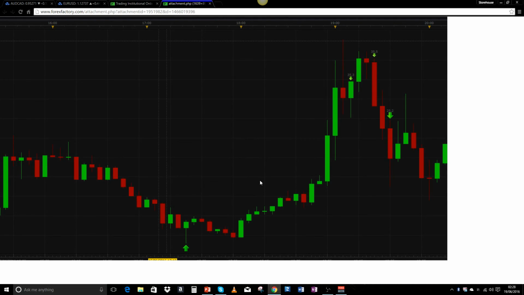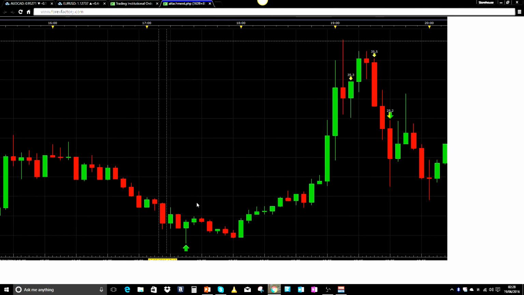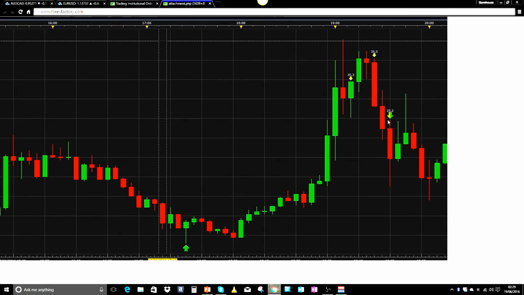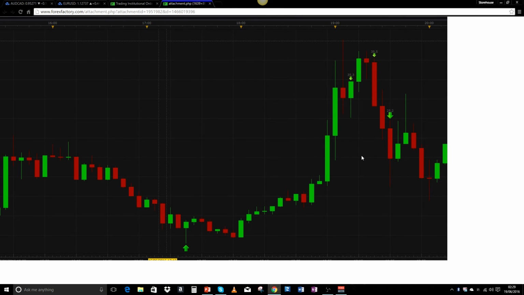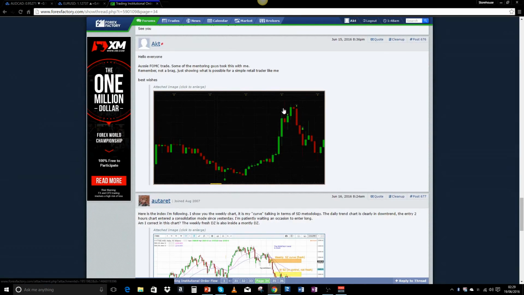This was the Aussie dollar that we traded. This was a 60-minute buy into a 60-minute zone. You see the entry there, and these were the take profit targets that were hit. Exited the last position, stopped out on the trailing stop there.